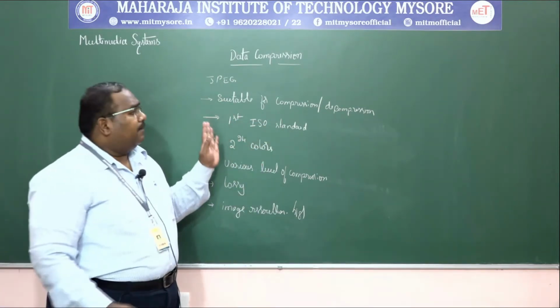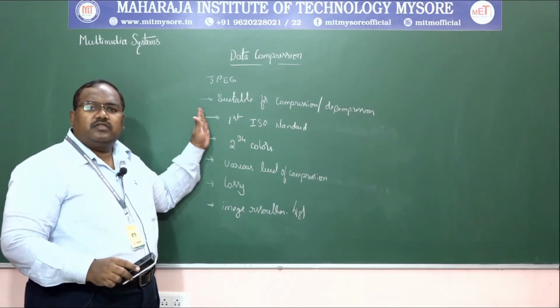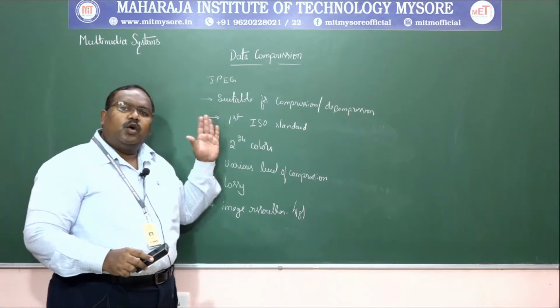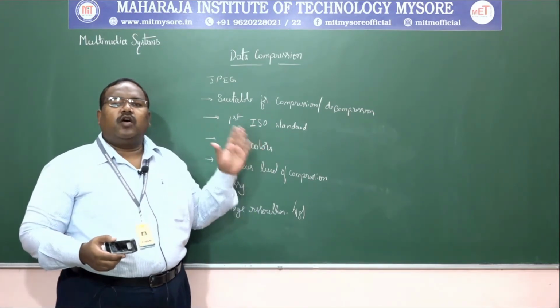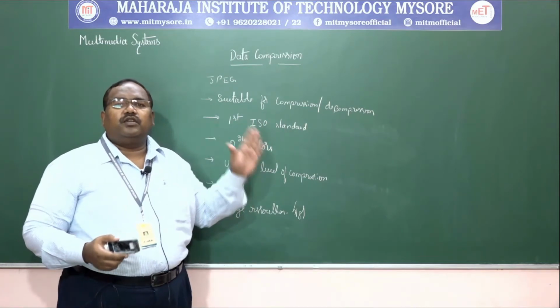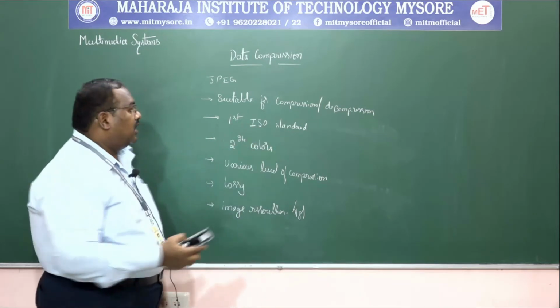So this was a brief introduction to JPEG history, why JPEG is being used, why it has become a very good standard, and why people still prefer to use JPEG as their default standard. Now let us look into the modes.